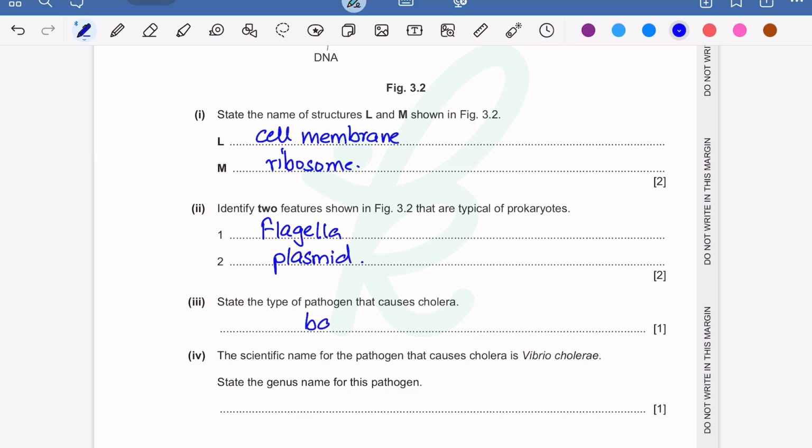As we already know, cholera is caused by a bacteria. So the pathogen will be a bacteria. The scientific name for the pathogen that causes cholera is Vibrio cholerae. State the genus name for this pathogen. As we know, in naming, the first name is always the genus name. So in this case, the genus name for the pathogen is Vibrio.